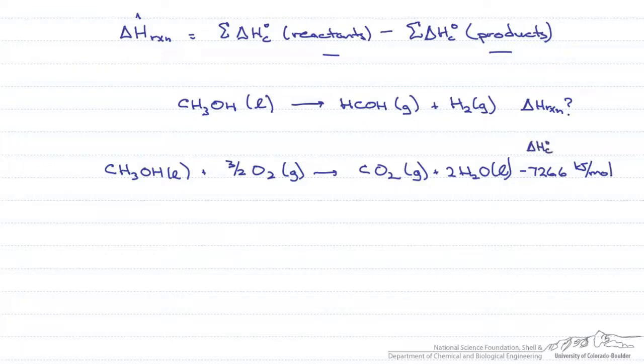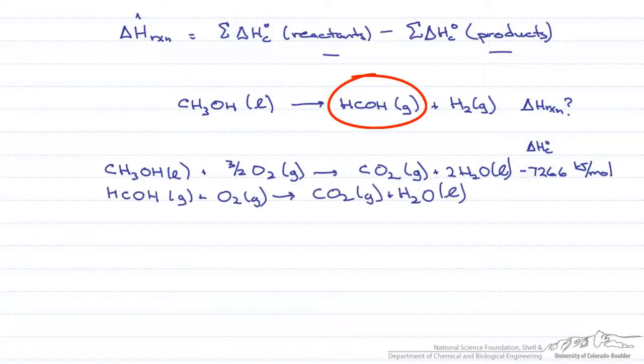The next thing we'll look at is the combustion of formaldehyde. Here, the heat of combustion for formaldehyde is negative 563.46 kilojoules per mole.